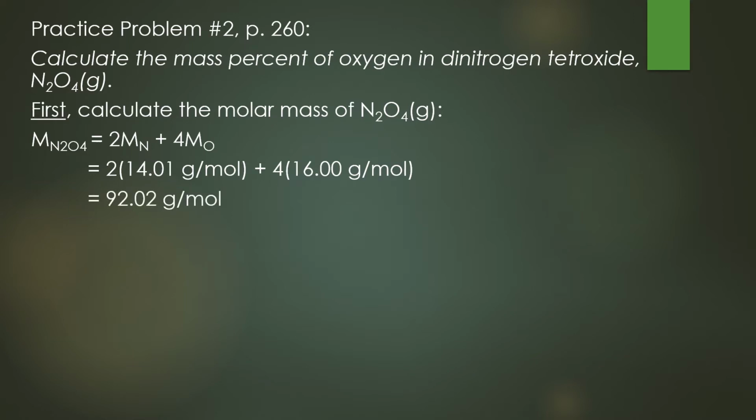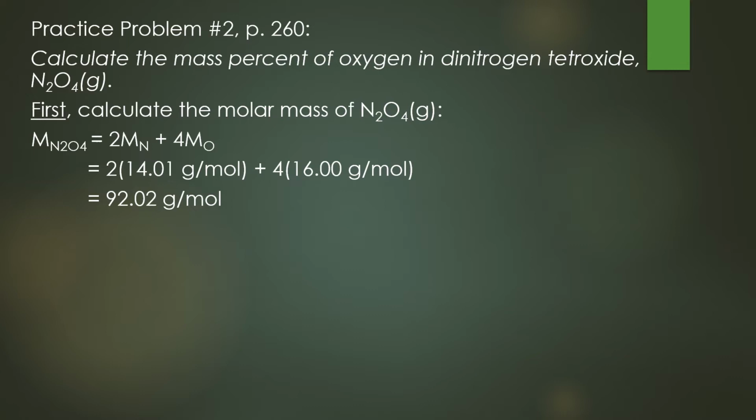That gives you a total of 92.02 grams per mole. Now, I haven't said anything yet about significant digits, but if you notice here, your answer will have 4 significant digits, and that's because your nitrogen, 14.01, has 4 significant digits, and also your oxygen, 16.00, is 4 significant digits. So your answer will have 4 significant digits.